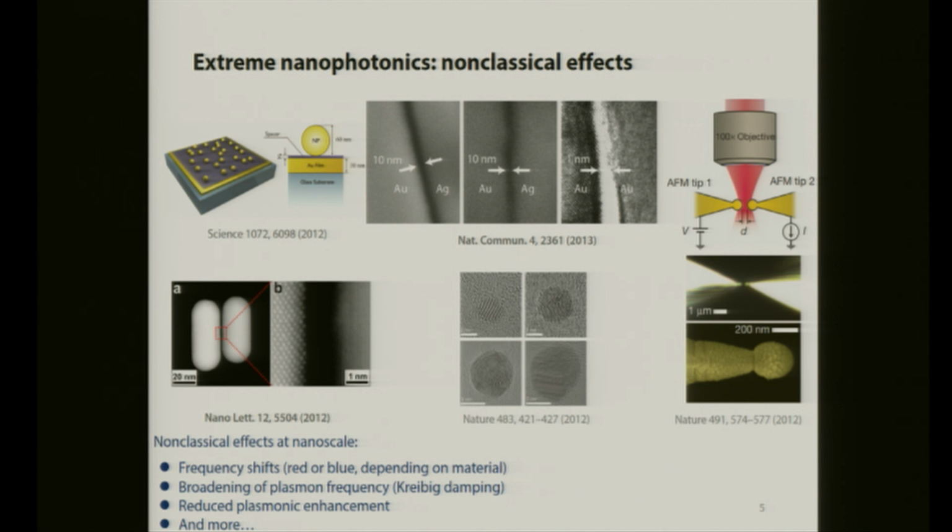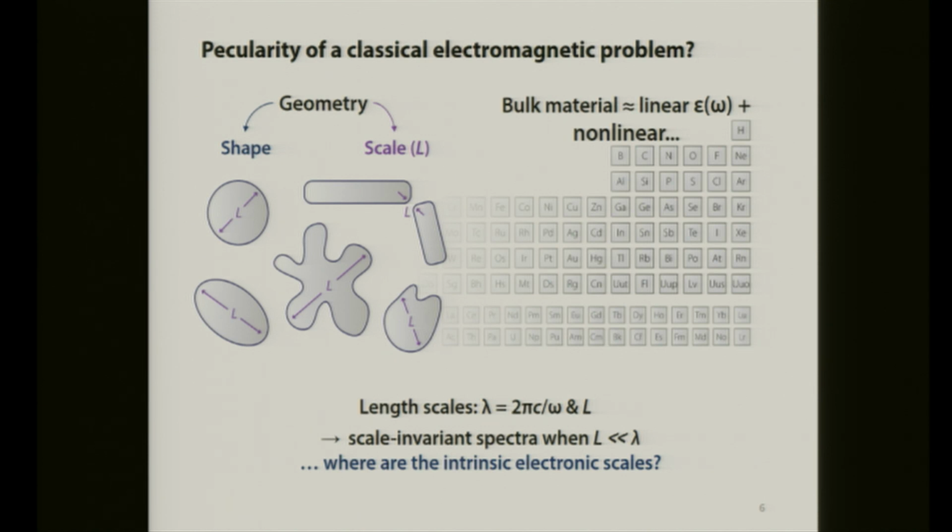And why does this happen for extreme nanophotonics? If you think about why this peculiarity happens, it traces back to the peculiarity of a classical electromagnetic problem, where once you specify the geometry of your structure and the material composition, you specify the entire problem completely. In this problem you deal with the length scale of the geometry L as well as the wavelength length scale.